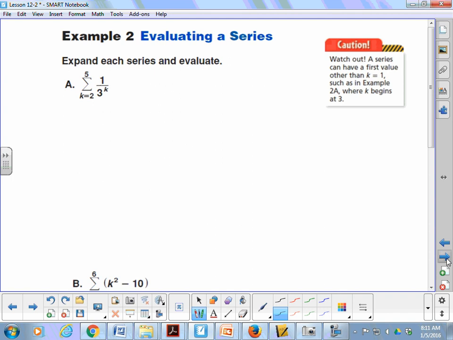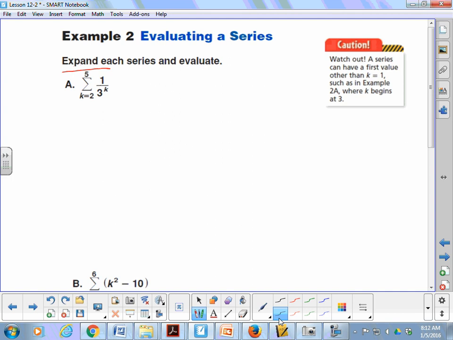It's very simple. At some point, I'm going to show you how you can use your calculator to find these answers. But even though your calculator will help you, when it says to expand, I'm going to expect that you are writing it all out.